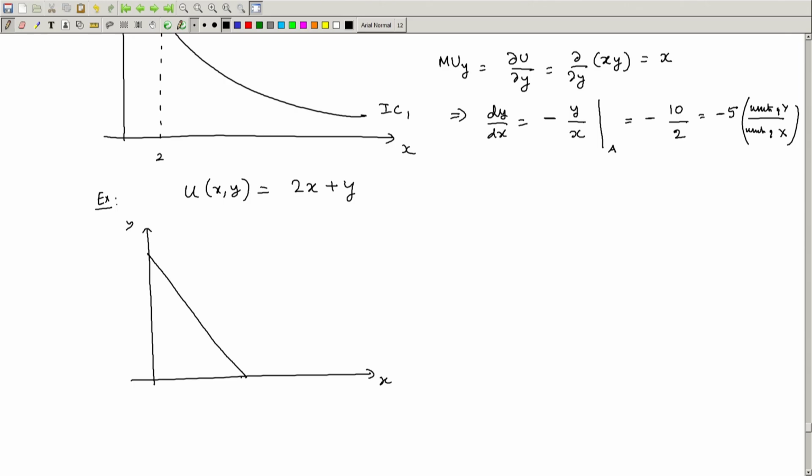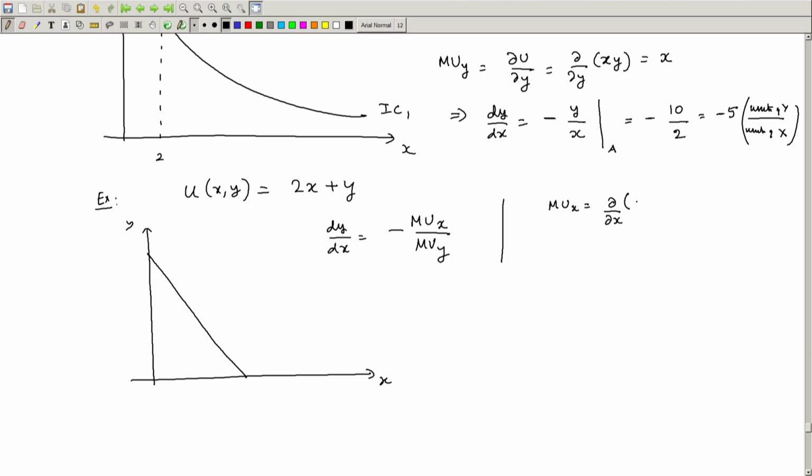They are straight lines. Now, because the indifference curve is a straight line, it has a constant slope, so the slope of this indifference curve is going to be a constant number. Let us check. So, dy/dx again is minus MUx by MUy. Now, notice MUx is del u del x.